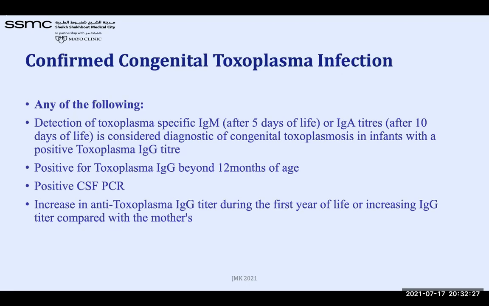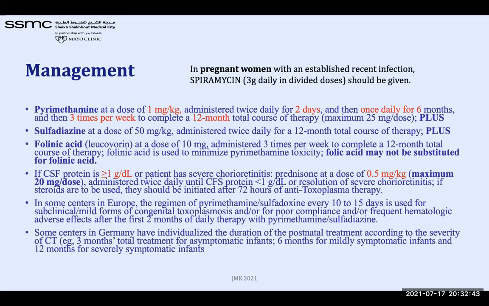Positive Toxoplasma IgG beyond 12 months, or positive CSF PCR, or increase in anti-Toxoplasma IgG titer during the first year of life. So if any of this is present, then we say it is a congenital toxoplasmosis infection.